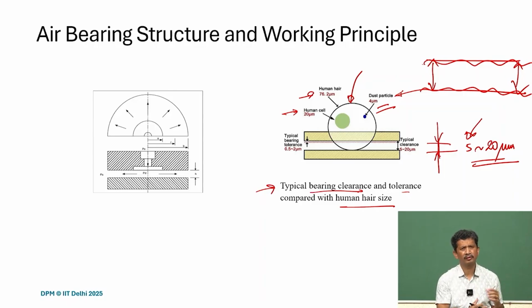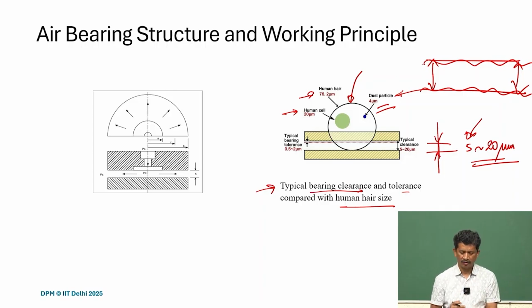So, of course, the supply pressure, the air quality, the amount of dust is a no. At the same time, any kind of oil is also not good because it will clog the surfaces.